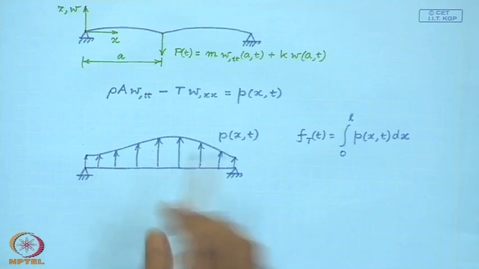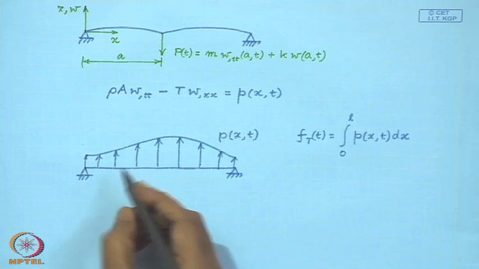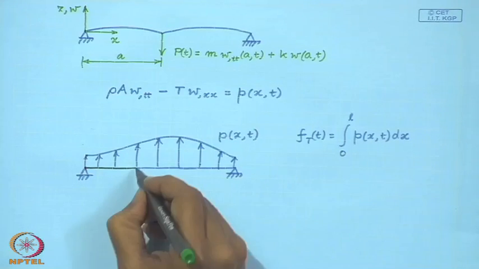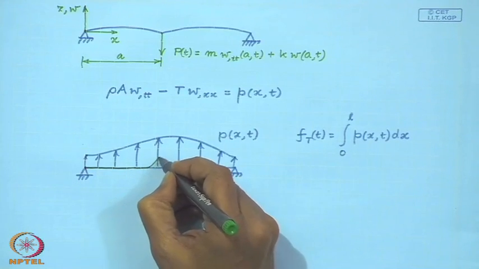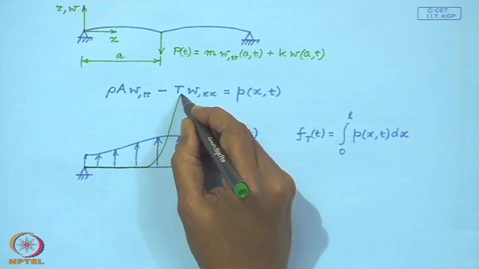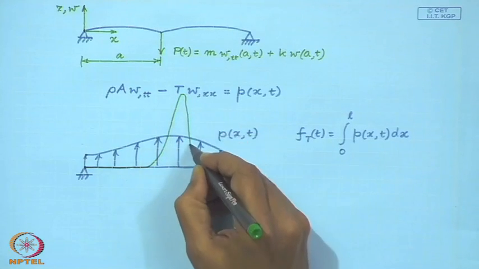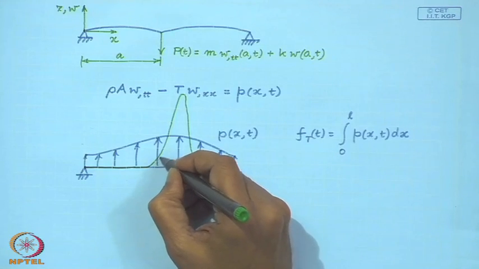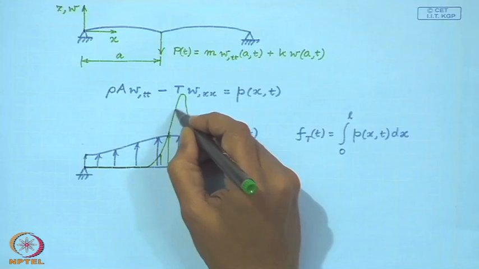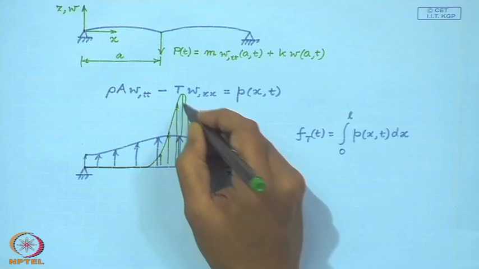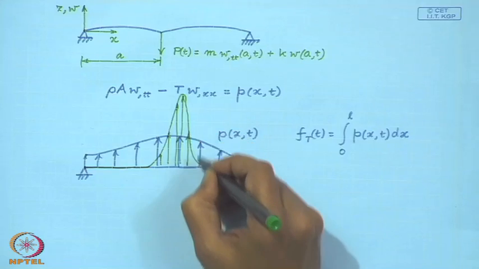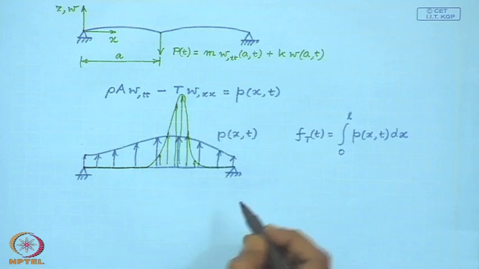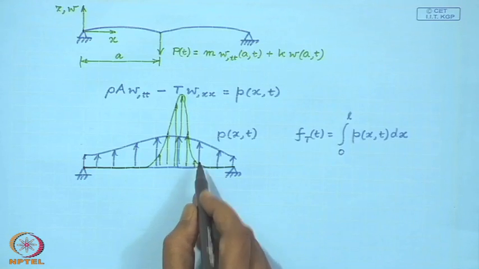Now, if my distribution gradually becomes narrower and narrower, but retaining the same total force, so the total force is fixed.